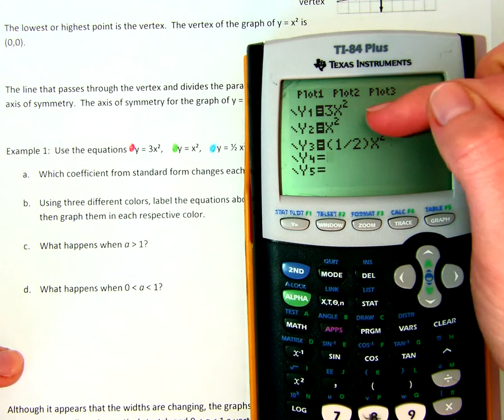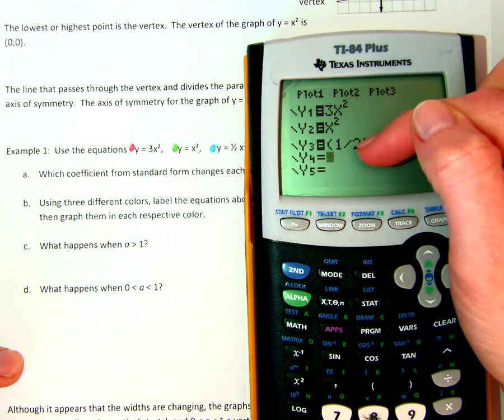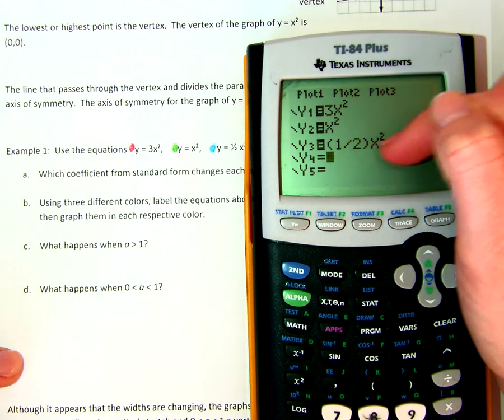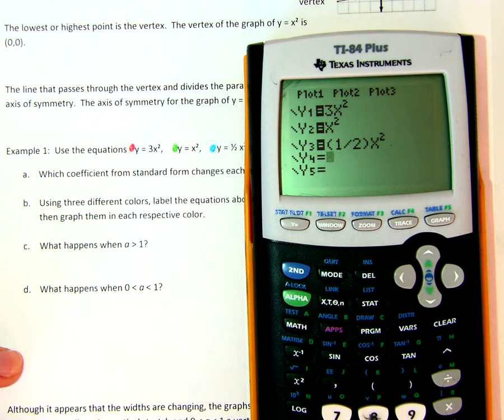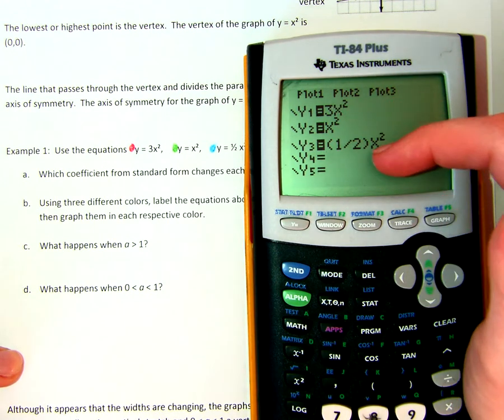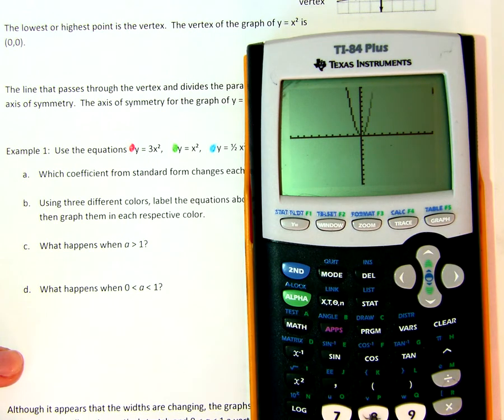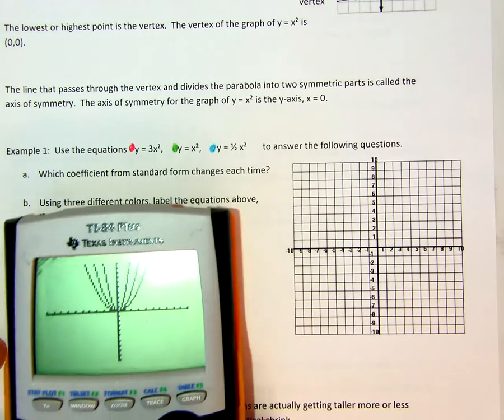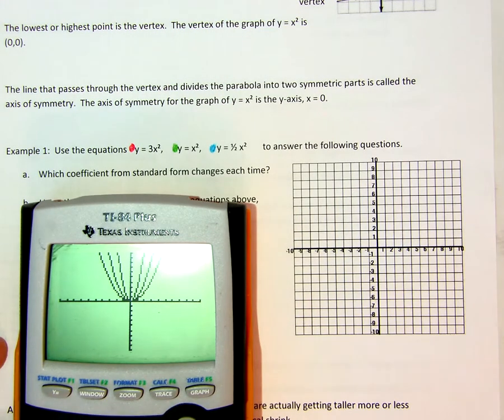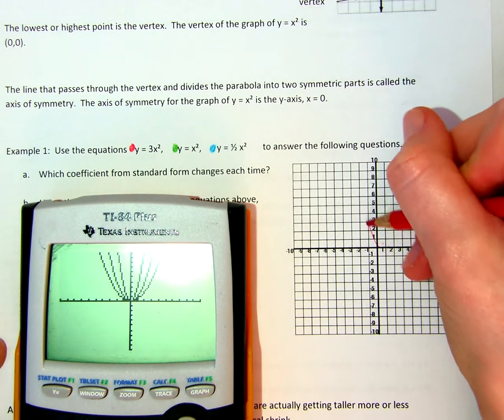So remember, my calculator is going to graph these in order. So even though I'm graphing 3, I can tell which one's which because this one will be the first one graphed, the second one, the third one graphed. All right, let's look at them. So there's 3x squared, x squared, 1/2 x squared. Let's do a simple trace over onto our graph. I see that 3x squared was the one that was inside the most.